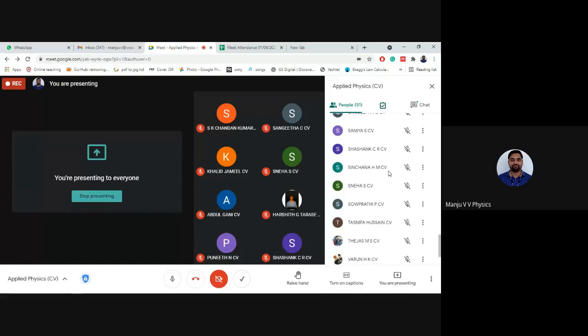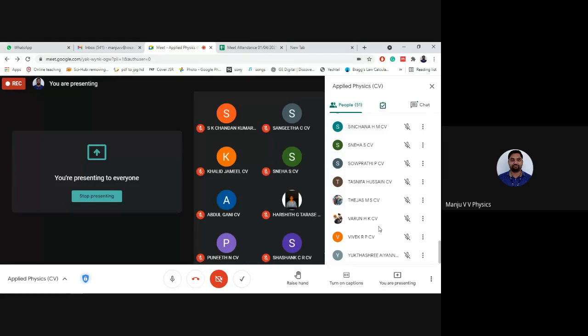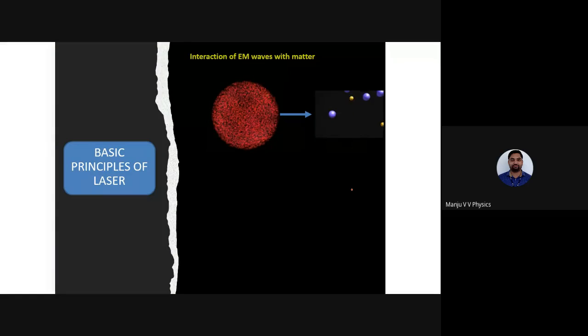Simple question. Varun? That is made up of tiny particles. Very good. It is made up of particles, right? Yes, Devendra, electrons, protons. Excellent answer. Both of you, very good.